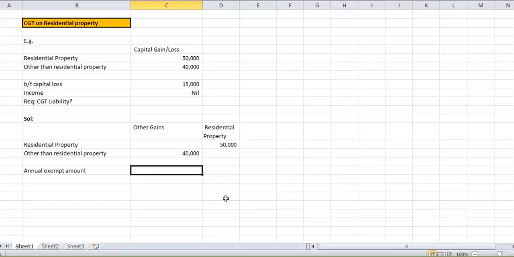The logic is very simple. The tax rate is higher on residential property, so we need to reduce the gains of residential property. Otherwise, we have to pay higher tax on the residential property. So the annual exempt amount, a fixed amount, we will deduct it from gains of residential property.